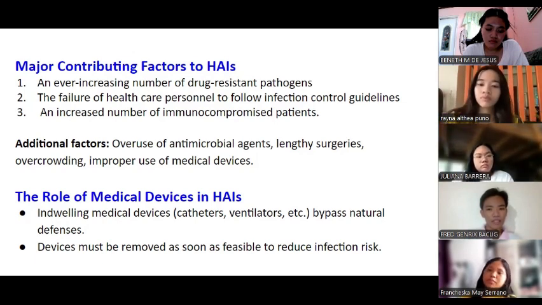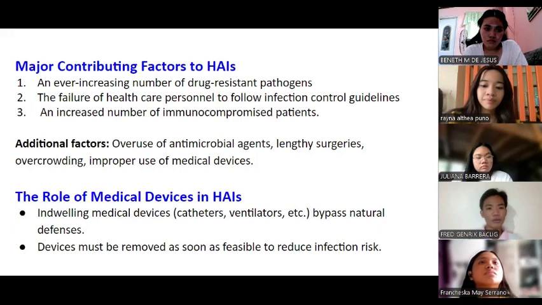Improper use of medical devices such as catheters, ventilators, and IV lines, when not maintained properly, becomes an entry point for pathogens, which can cause infection. Examples of this are urinary tract infection from the usage of catheters, bloodstream infection from IV lines, and ventilator-associated pneumonia.